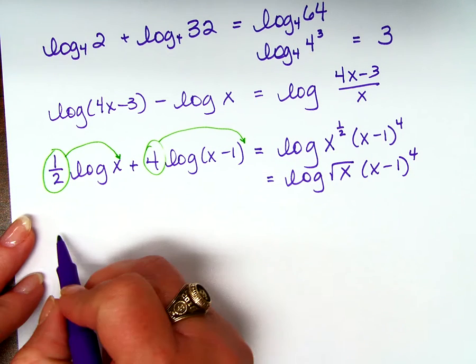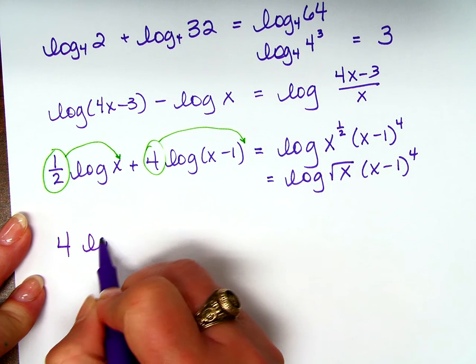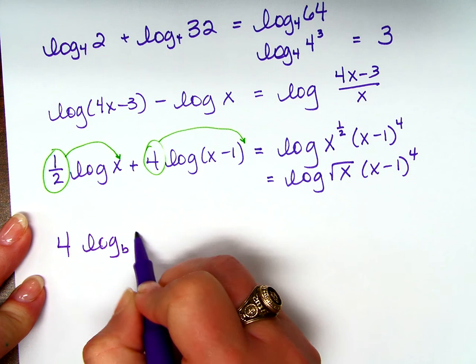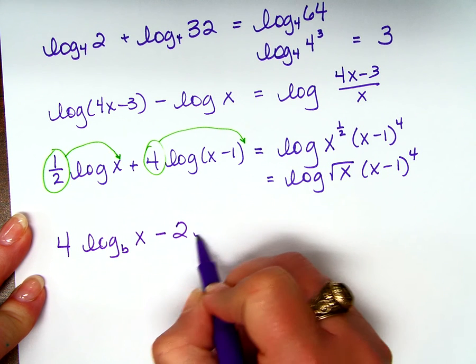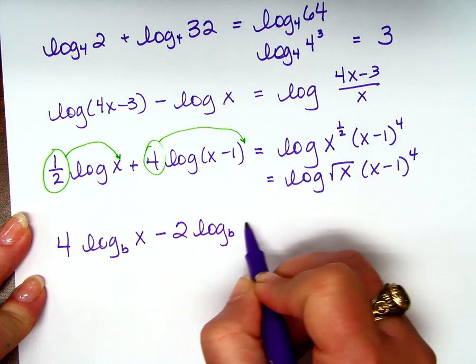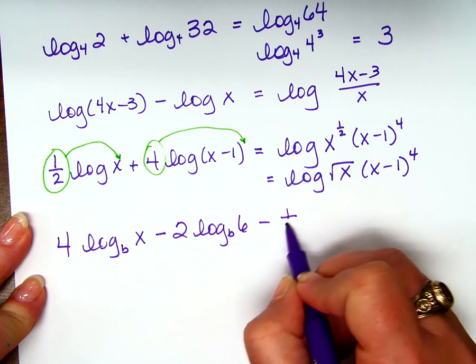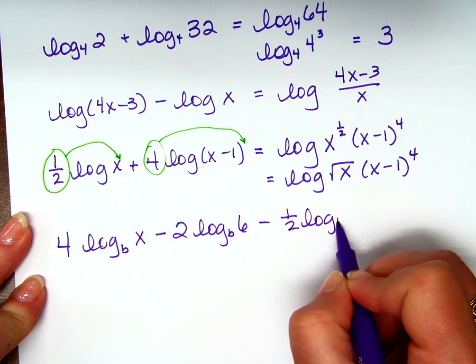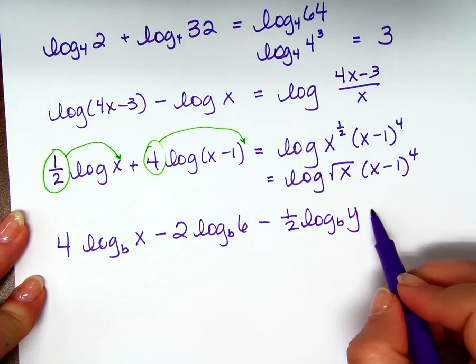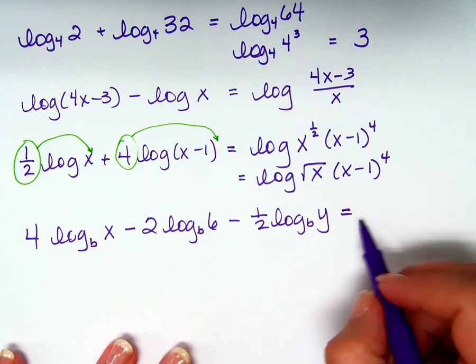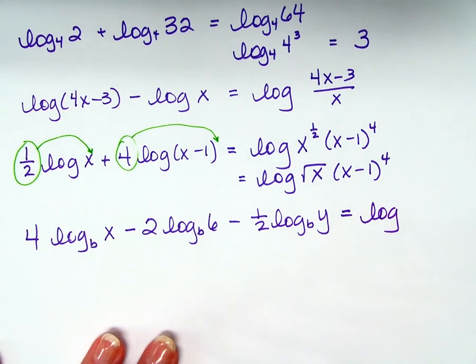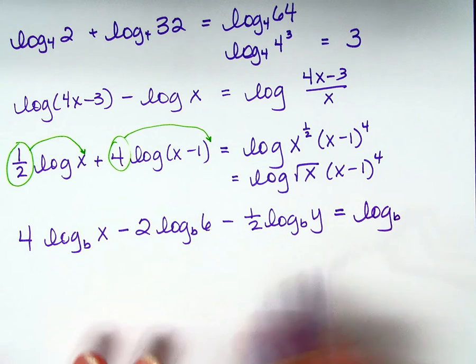All right, one more. 4 log base b of x minus 2 log base b of 6 minus 1/2 log base b of y. There's my 1 log, since we're condensing. Oh, log base b, sorry.